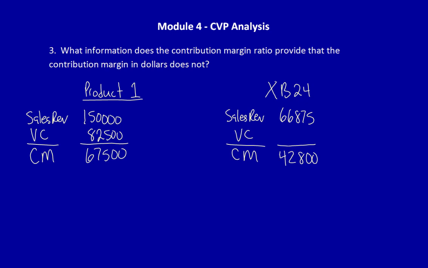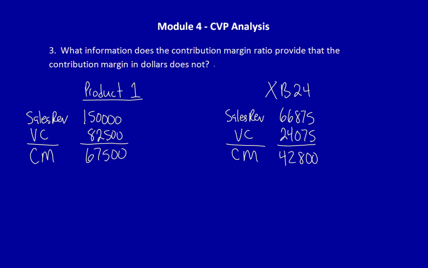For XB24, we have the contribution margin of $42,800 and the sales revenue that we just calculated, $66,875, but we actually have to calculate for the unknown number, variable cost. $66,875 minus $42,800 tells us that the variable cost is $24,075.